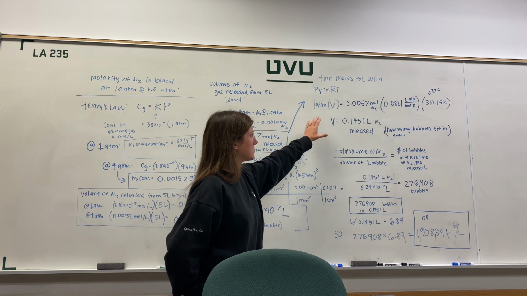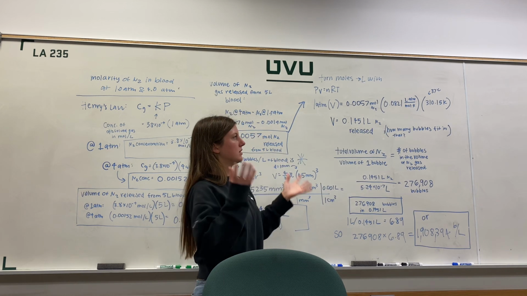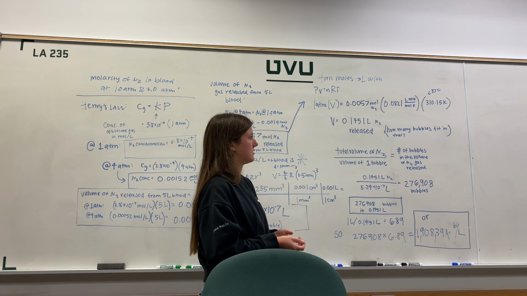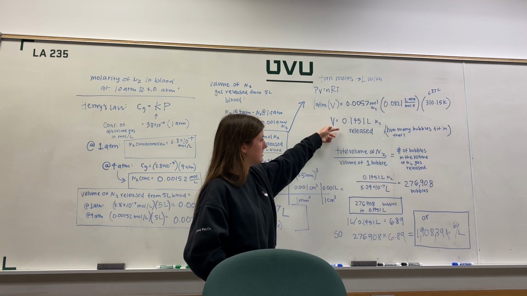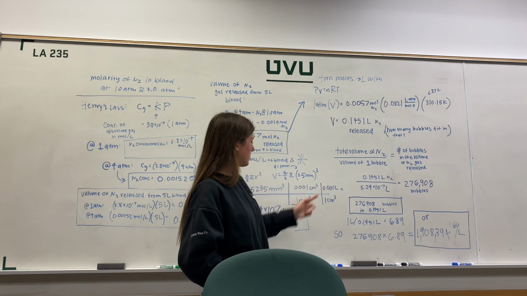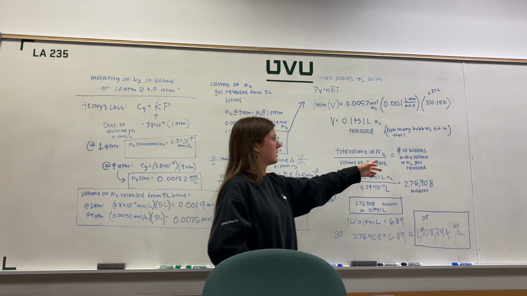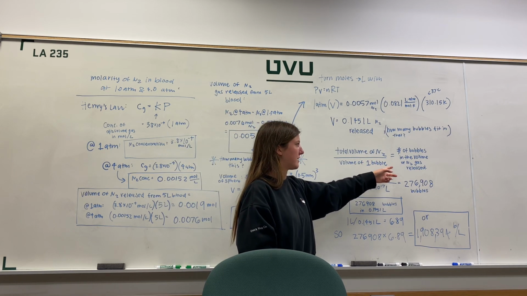We know this is our total amount of nitrogen gas that was released. So we take the total volume of nitrogen gas, divided by the volume of one bubble. That gives us the number of bubbles in the volume of nitrogen gas that was released.